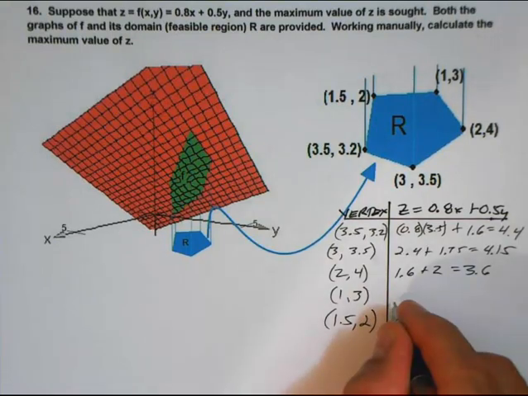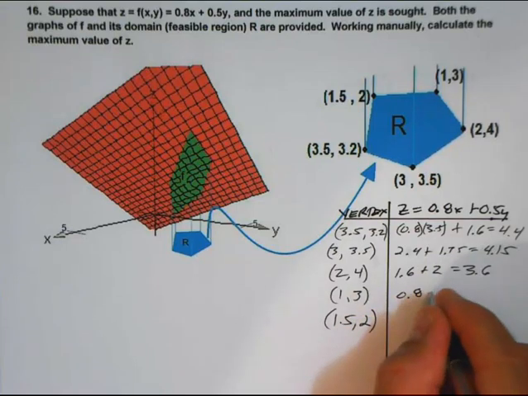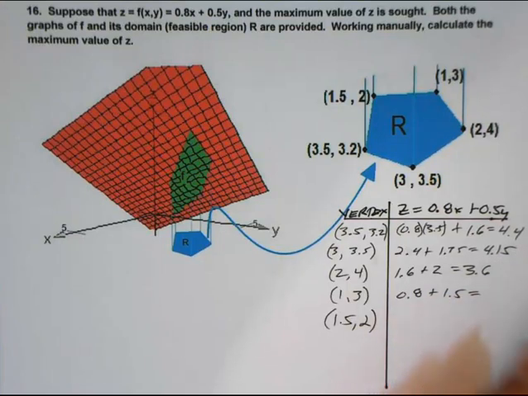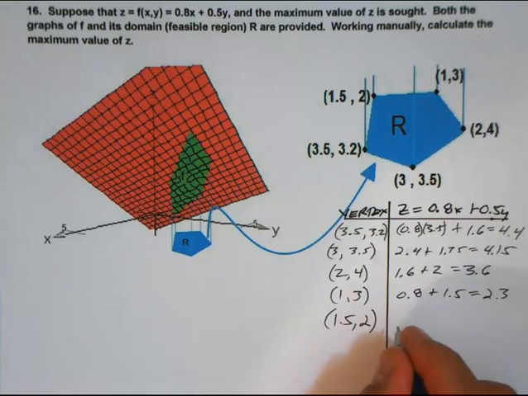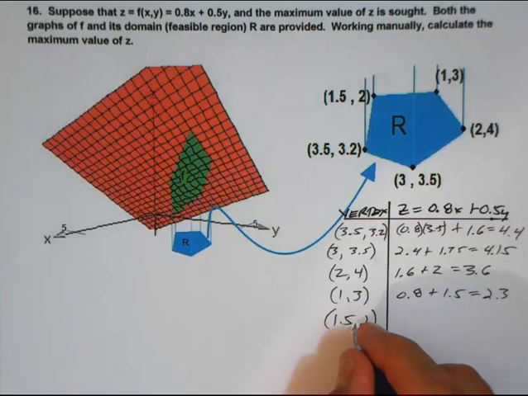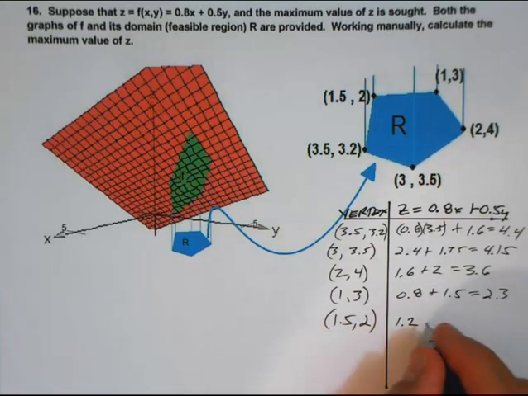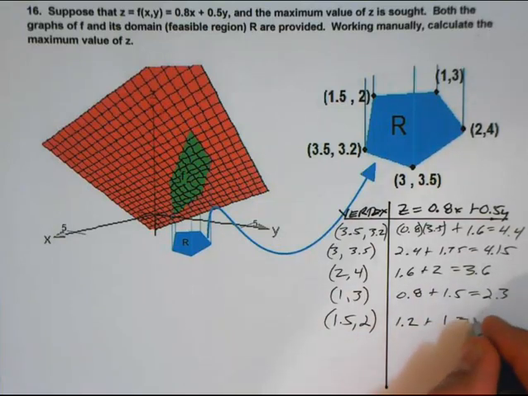Next vertex, 0.8 times 1 is just 0.8, plus 0.5 times 3, it's 1.5. This sums to 2.3. Last vertex, 0.8 times 1.5. We could subtract 20%: 0.30 is 20%, so 1.2. Plus 0.5 of 2, which is 1, we're up to a total of 2.2.